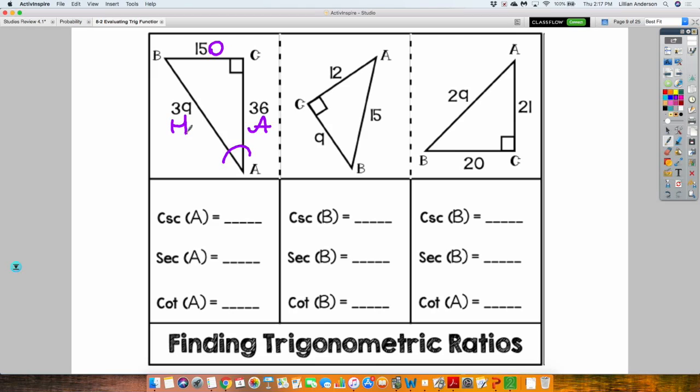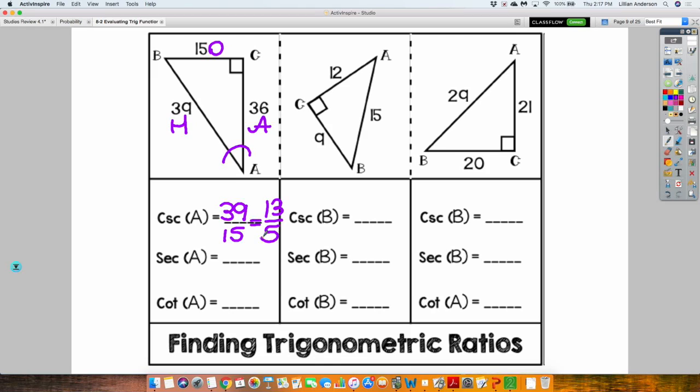So cosecant of angle A is going to be, how'd you get that? You simplified 39 over 15? That does simplify. 3 can go into both of those, so then it turns into 13 over 5, like you said.